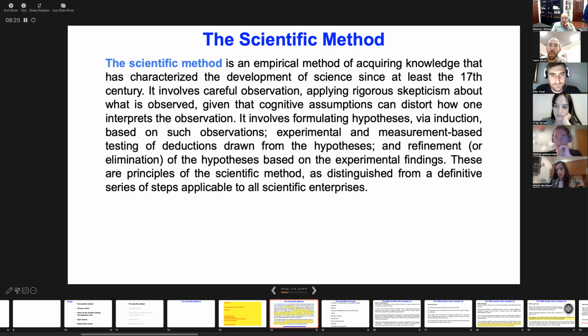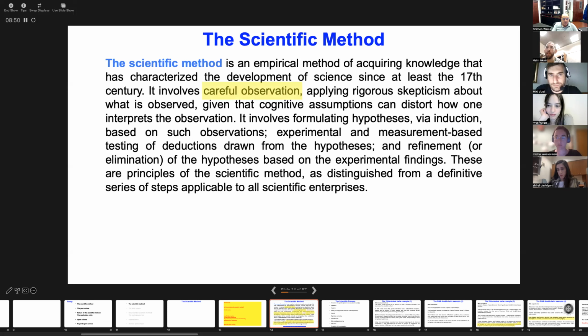It involves formulating hypotheses via induction based on such observations, experimental and measurement-based testing of deductions drawn from the hypothesis, and refinement or elimination of the hypothesis based on the experimental finding. These are principles of the scientific method, as distinguished from a definitive series of steps applicable to all scientific enterprise.